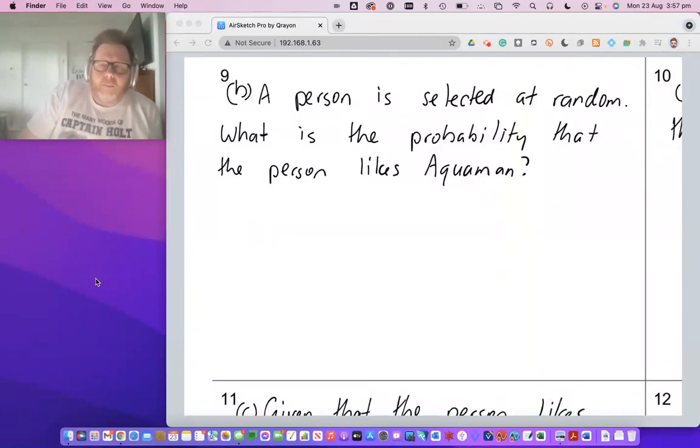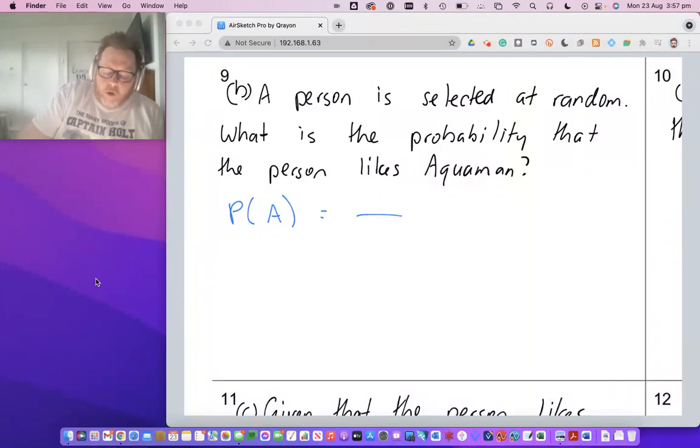So here we go. A person is selected at random. What is the probability that the person likes Aquaman? Well, this is a pretty straightforward question, right? We're simply saying, what's the probability of Aquaman, A for Aquaman, and we know that we put it over the total number of possible outcomes, which is the 20 people who were surveyed.